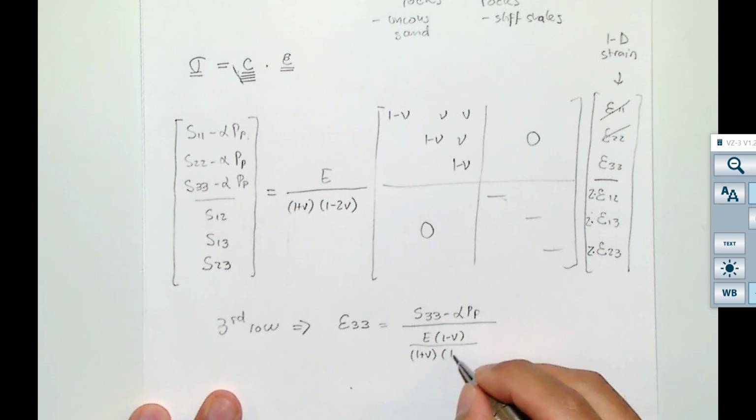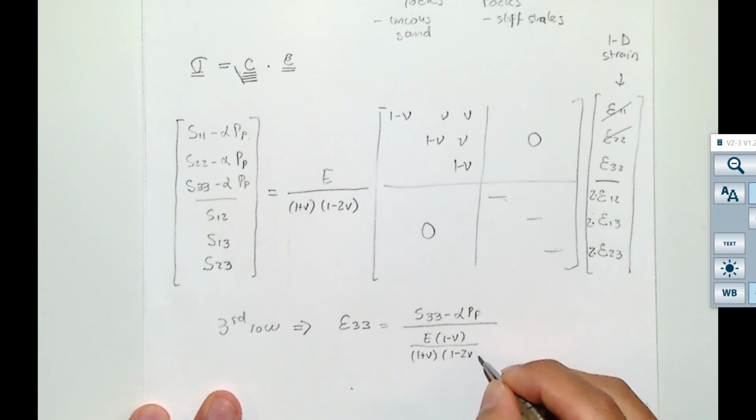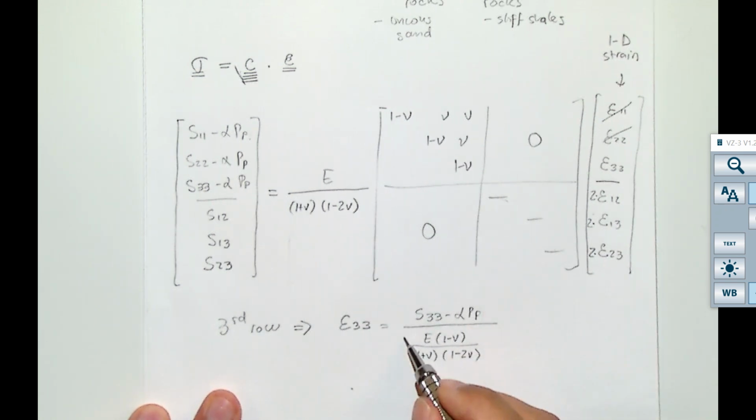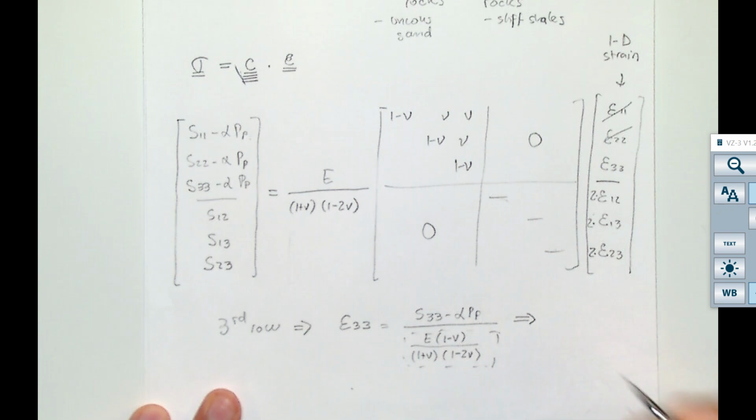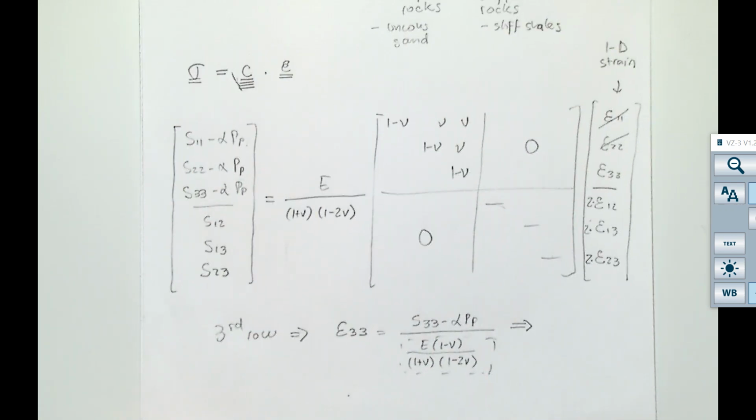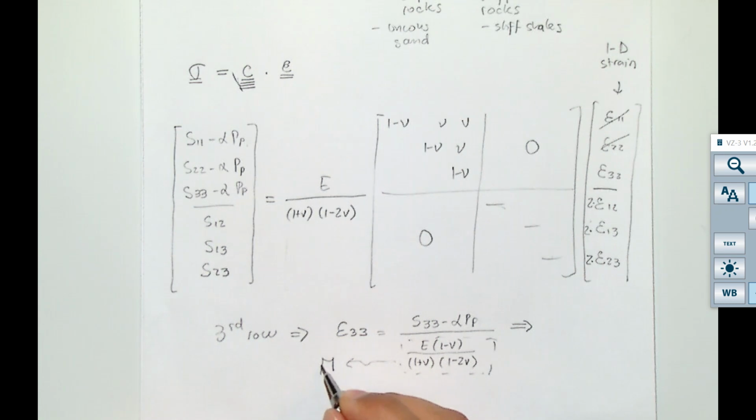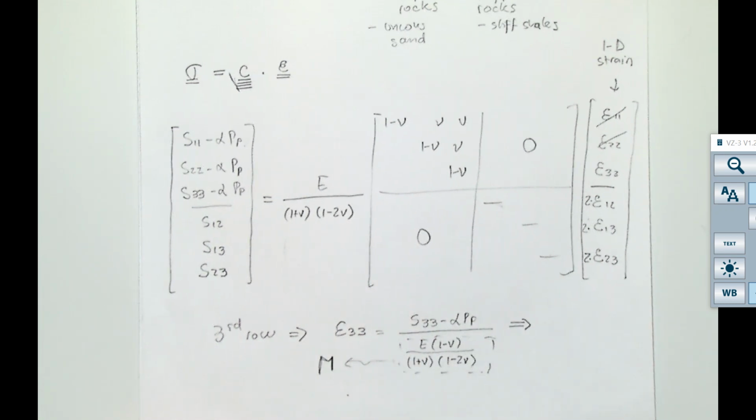And do you guys remember what this is, all of this? E prime. No. I'm glad that you remember E prime. That's called the plane strain modulus, but it's not the one that we want. No, this was M, if you remember. M, constraint modulus.